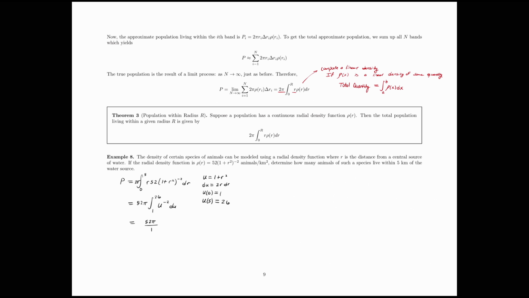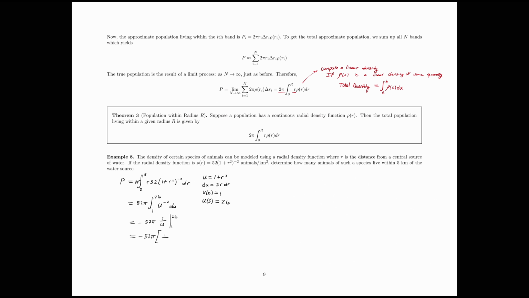Really, we're adding 1 to this exponent, so negative 1, and dividing by negative 1, which is the same thing as multiplying by negative 1. And this would be u to the negative 1 between 1 and 26, and u to the negative 1 is really just 1 over u. So negative 52 pi, we'll pull that out, and then we'll evaluate the bounds within this set of brackets.